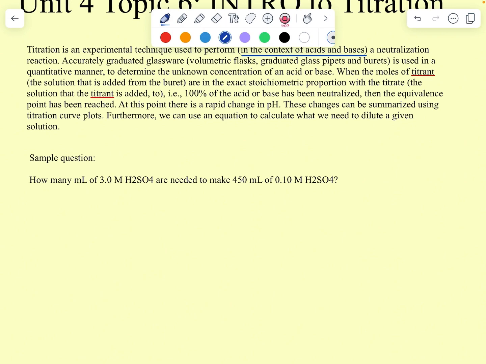But all we need to know for this unit is how to calculate the proportion to dilute a solution. So we are going to look at an equation called the dilution equation.